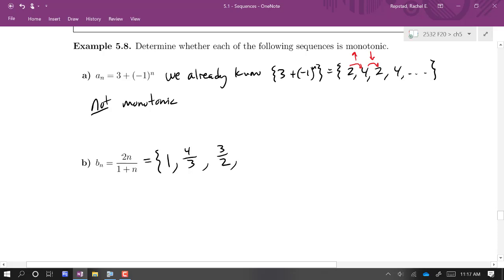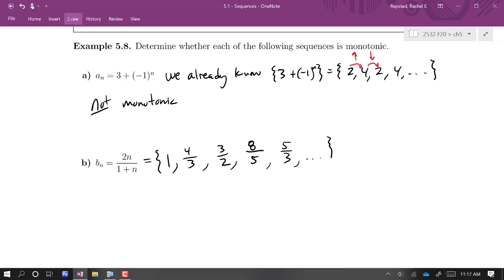If n is 4, we get 8 over 5. If n is 5, we get 10 over 6, which is 5/3.